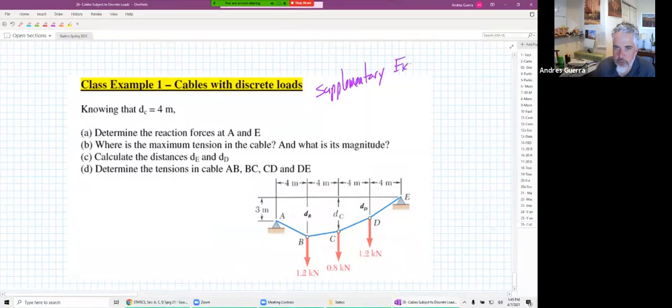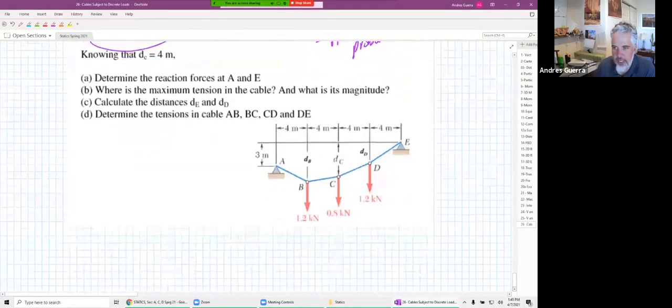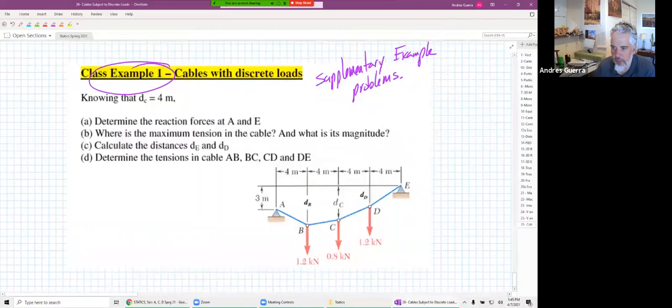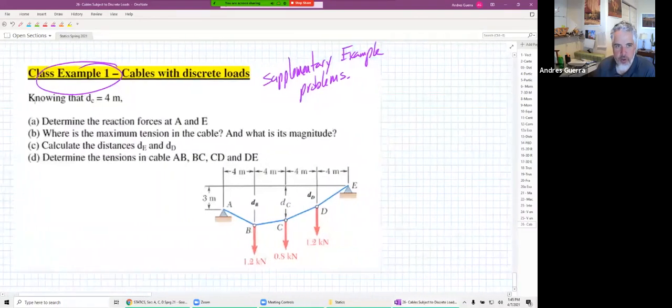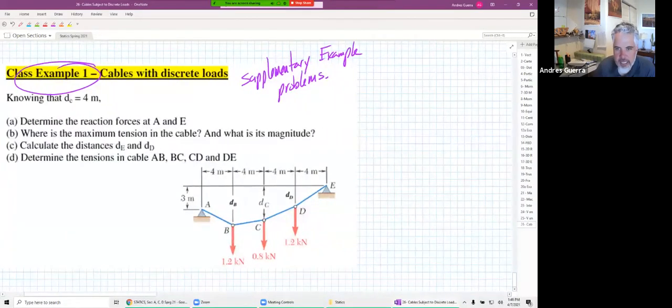It's the first one, the very first class example, number 1, with discrete loads. So this one, we're basically asked to do the same kind of thing that we did in the last one. And so we have DC is equal to 4 meters right here.